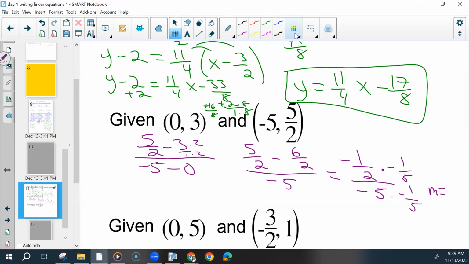So this would be a positive 1 over. Now, I see a point that has a 0. Is that your y-intercept? Yes, so we don't have to do the rest of the work. We have our y-intercept. Y equals 1/10 x.